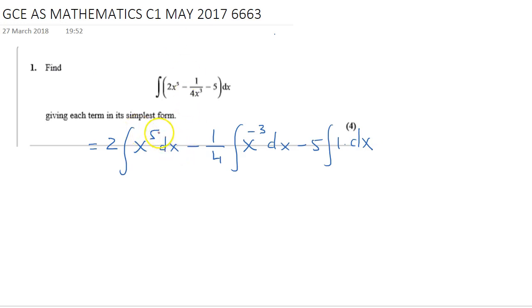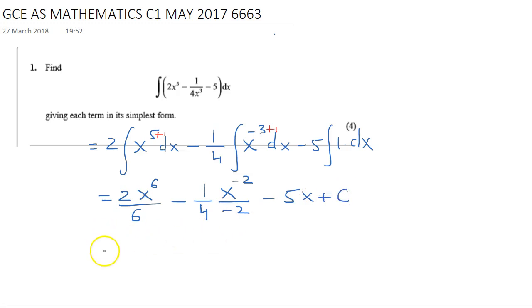Now we know that in integration we add the powers and divide by the same increased power. So this is equal to 2, x to the power 5 plus 1 is 6 over 6, minus 1 over 4 x to the power minus 3 plus 1 is minus 2 divided by minus 2, minus 5 integral of 1 dx is x, plus the constant c.